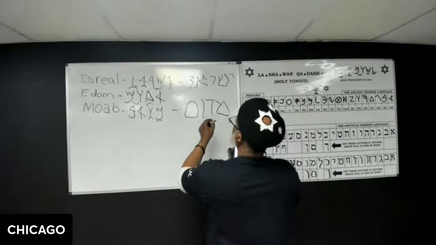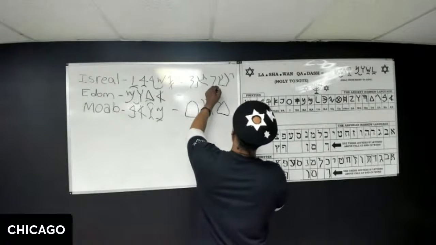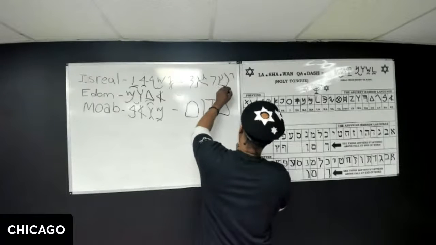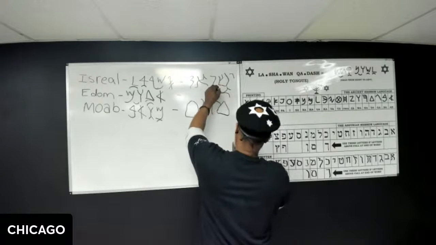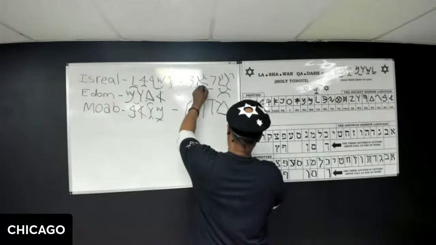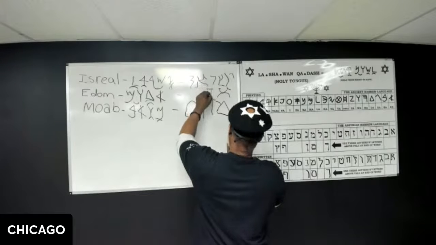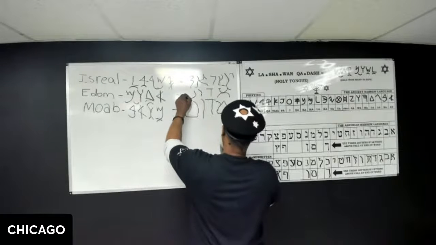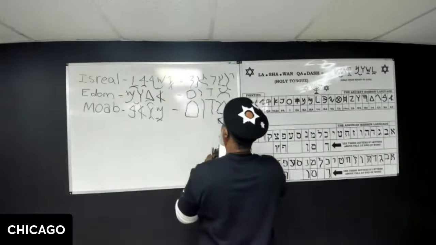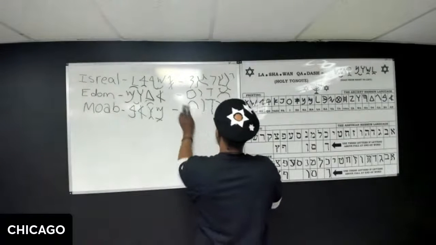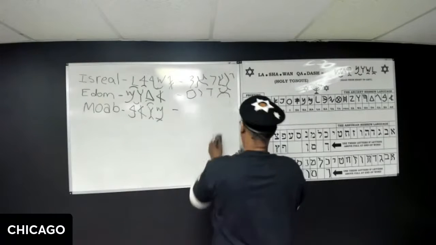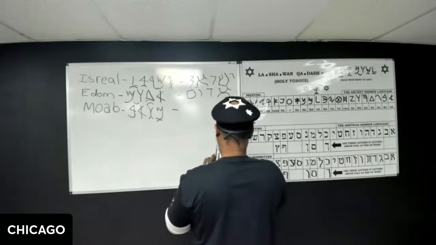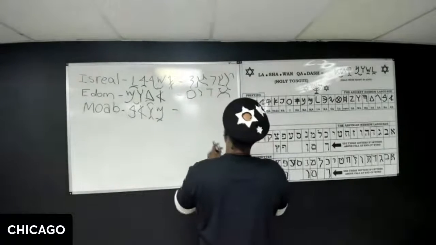Okay, Edom. Bear with me, everybody. I'm getting it together. Now we'll go to Moab in the Assyrian.